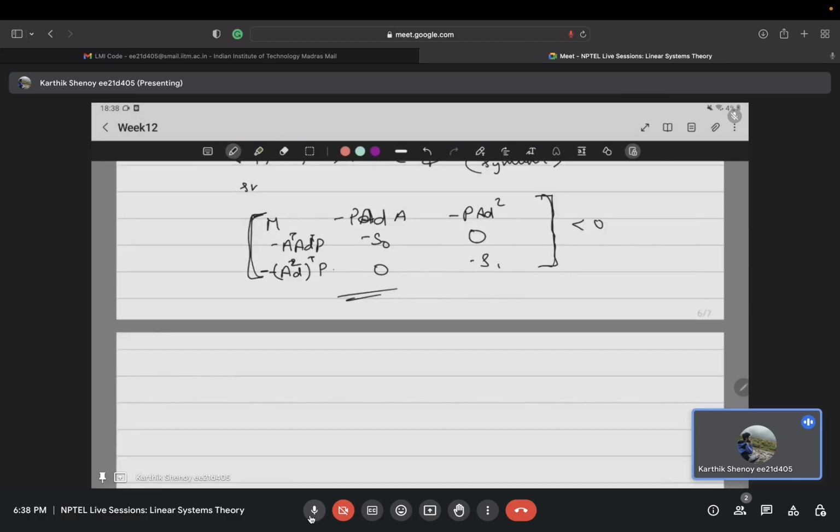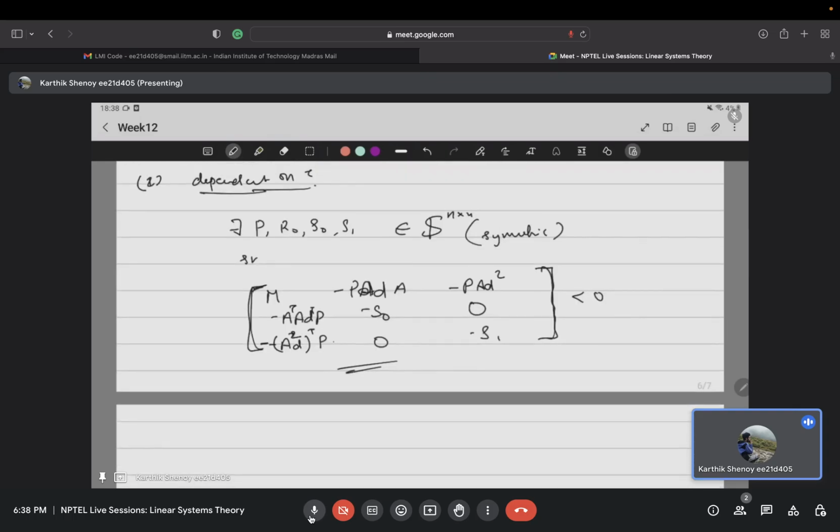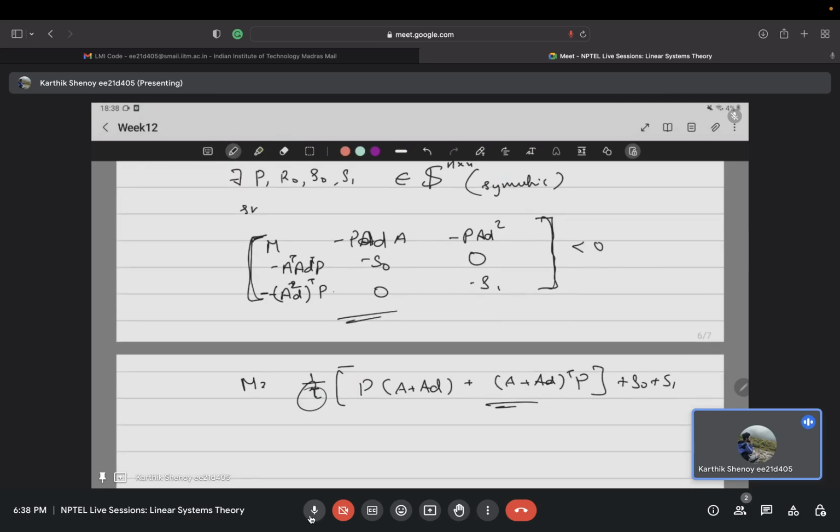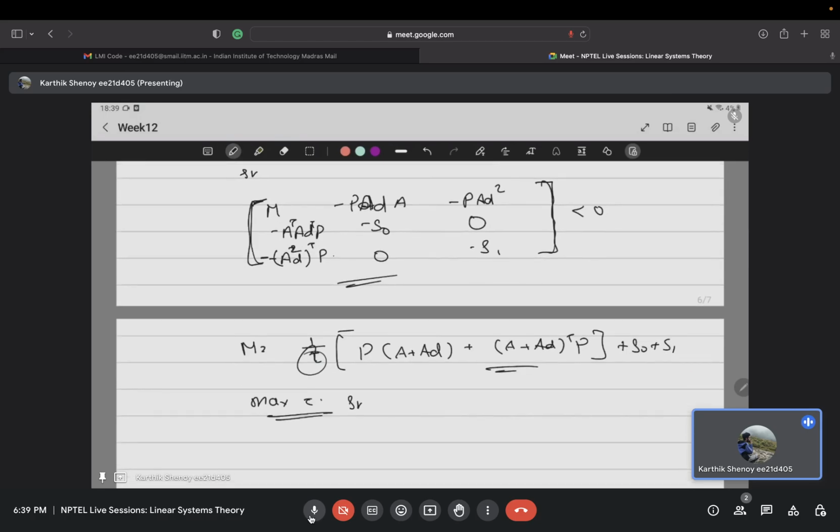This is a block matrix where M is equal to 1 by tau P into A plus AD plus A plus AD transpose P. This is where my delay enters, so I can check for different values of delay. I can write a program which says maximize tau such that this LMI holds, and it will give me the maximum delay.